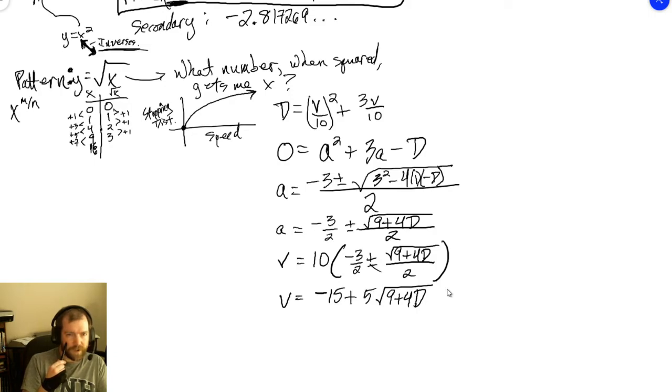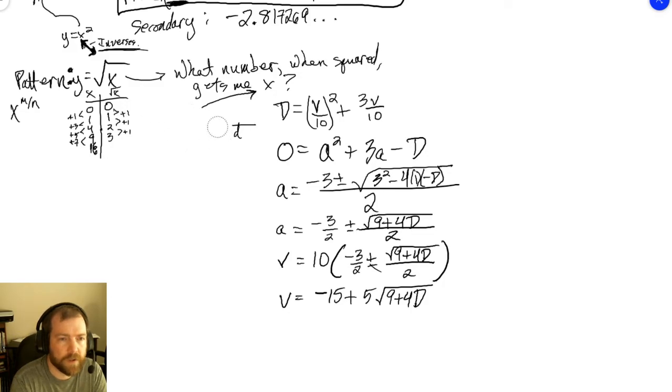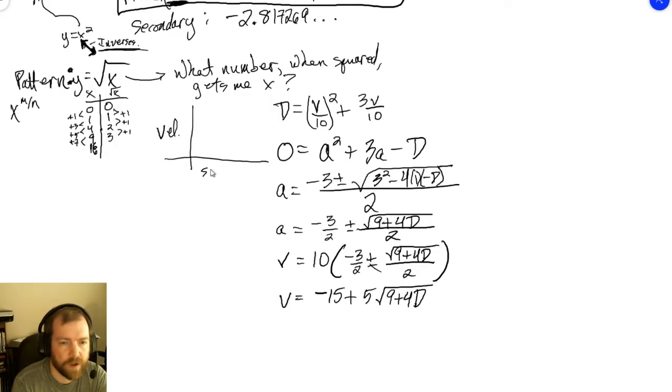Which one's concave down? No, this, yeah, I'm wrong with this one entirely. So that was wrong. This was it here, so your velocity versus your stopping distance here.